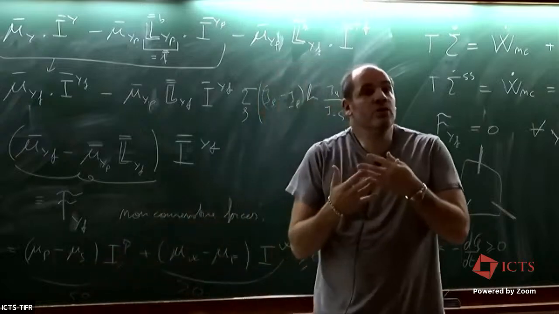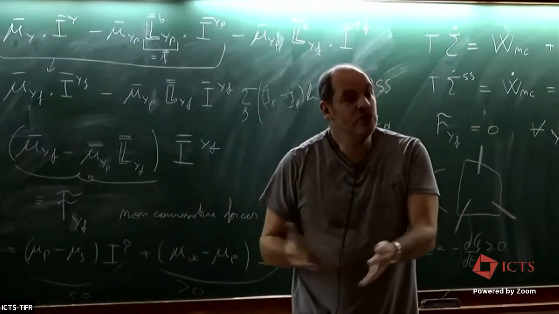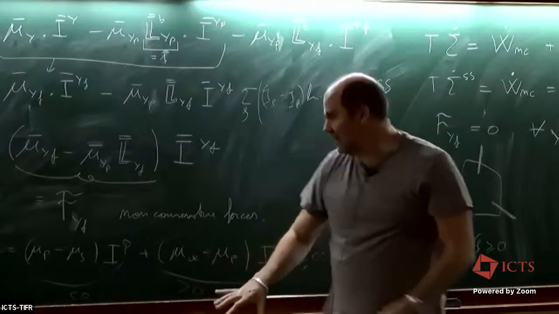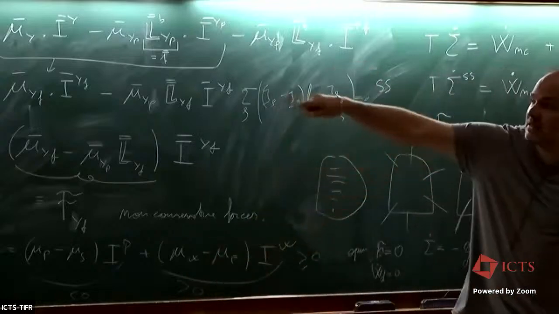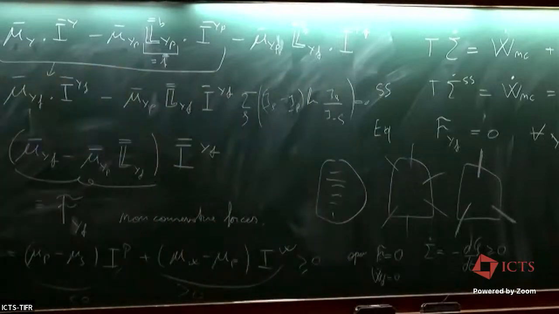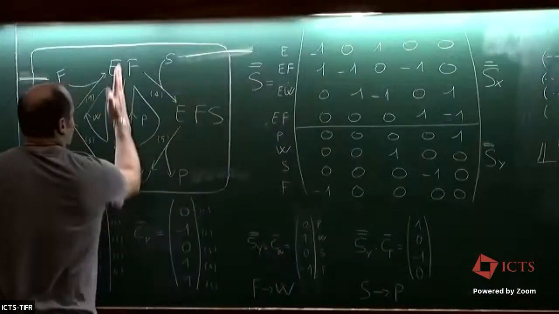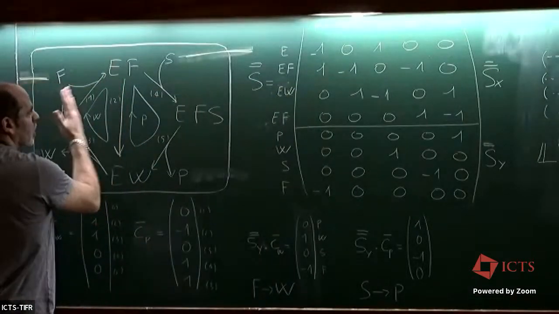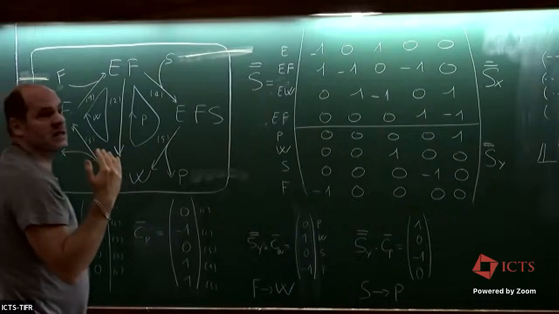If you now want to create a current against the force, you need a powering mechanism. And that's the network coupling. It's this intermediate reaction here that couples the two processes.